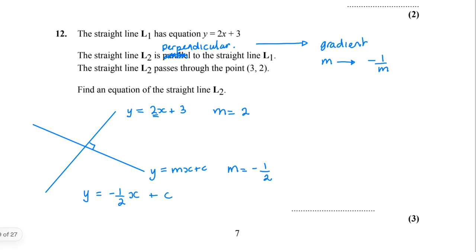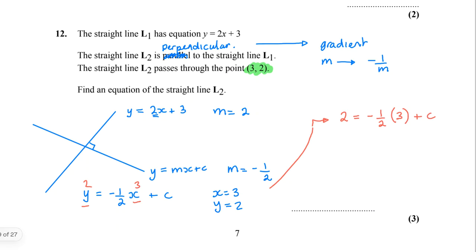Take coordinates. So we've got the coordinates here, look. When x equals 3, y is 2. So I'm going to write 2 equals, it's going to be a hard one, this one, minus 1/2 times 3 plus c.